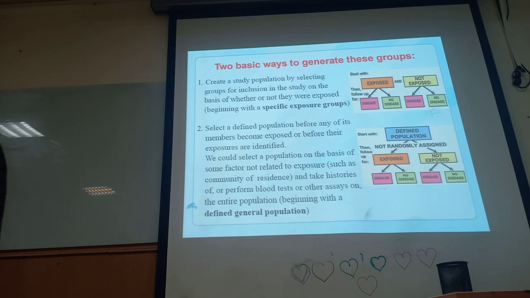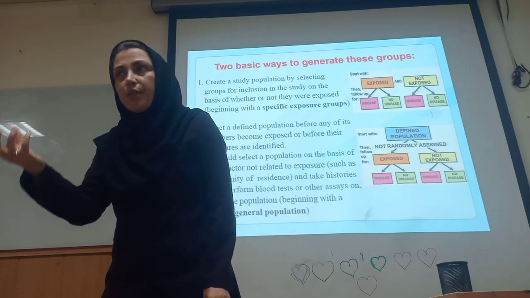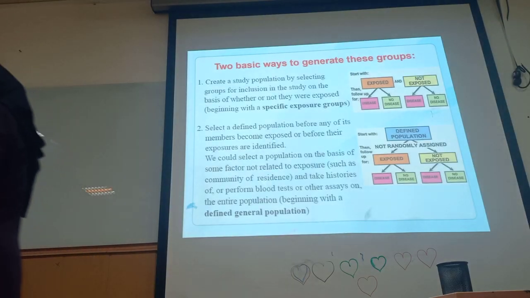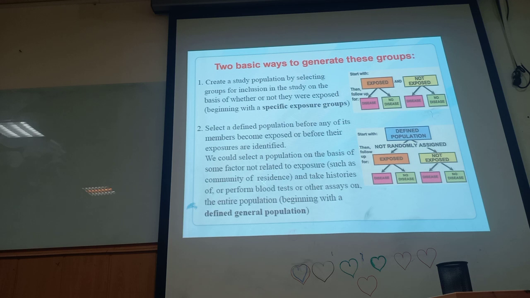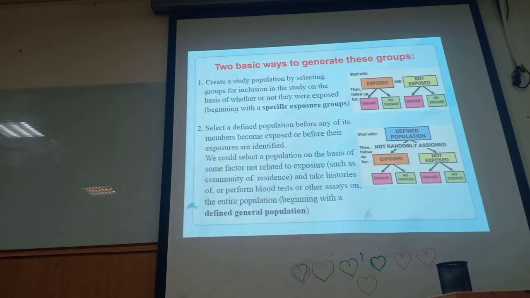Yes? If the prevalence of diabetes is 10% among Kish population, we expect that of 1,000 population that we recruit in our study, 100 are diabetics. Yes? And 900 are healthy, and we will follow them for several years to find myocardial infarction.